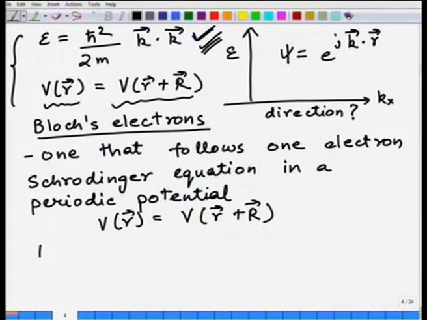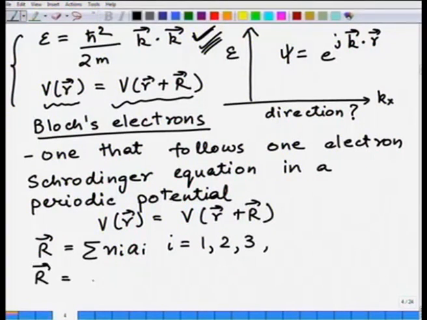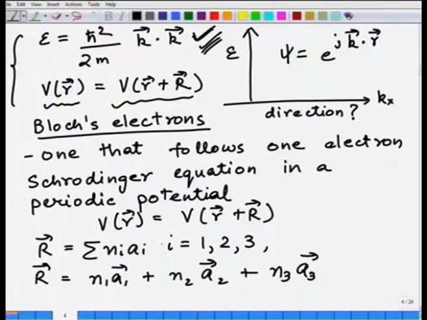Our lattice periodicity is shown by R. Remember what R is? R of course is my primitive lattice vector defined by the summation of n_i a_i, where i of course is 1, 2 and 3. In other words, the expanded form of R is n1 a1 plus n2 a2 plus n3 a3, where n1, n2 and n3 are all integers.